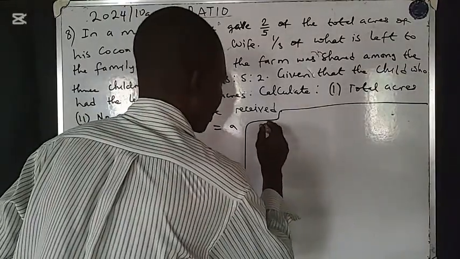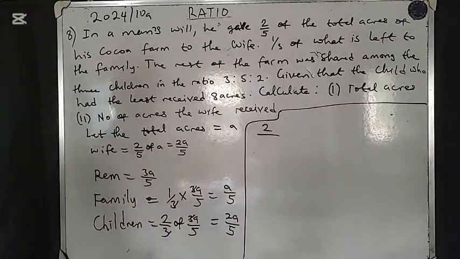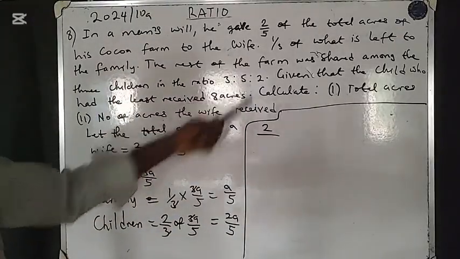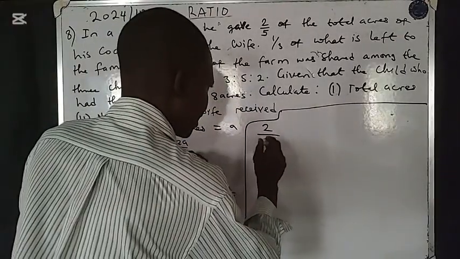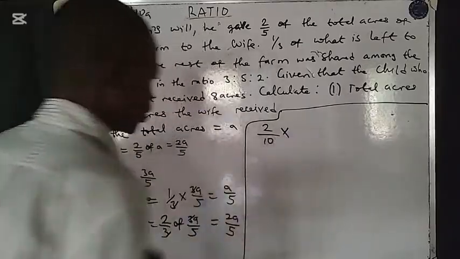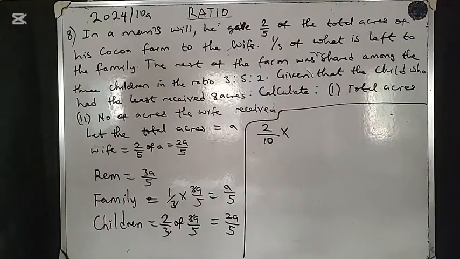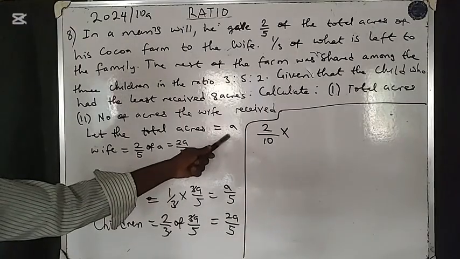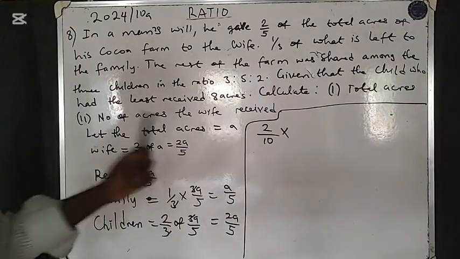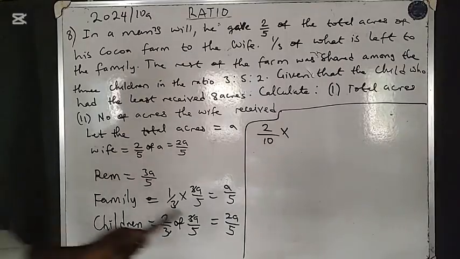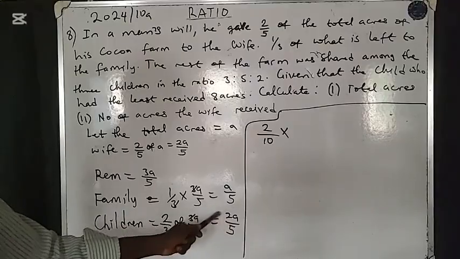The ratio of the person we are finding, Abi, over total ratio, which is 10 here. Am I right? 10 times total amount of what we are sharing. What are we sharing? Acres of cocoa. It's not so. Okay, they are sharing the remaining part for them, Abi. See what they are sharing.